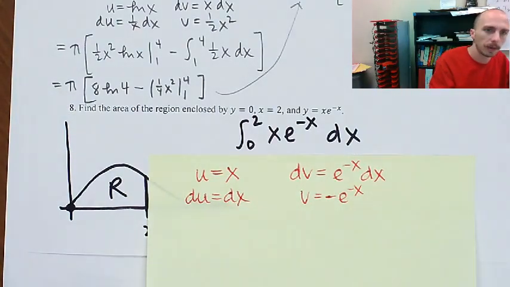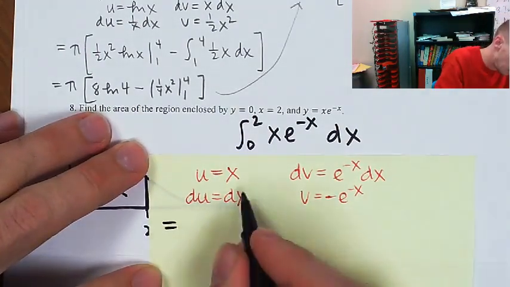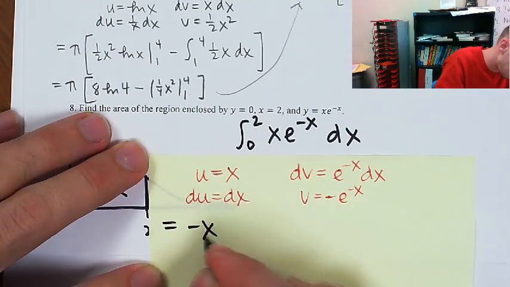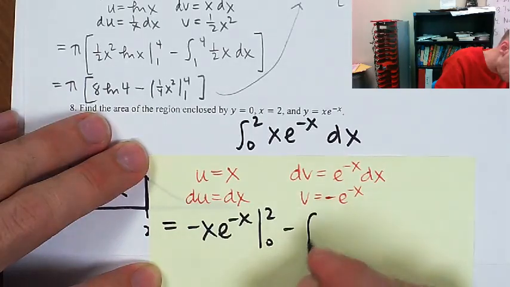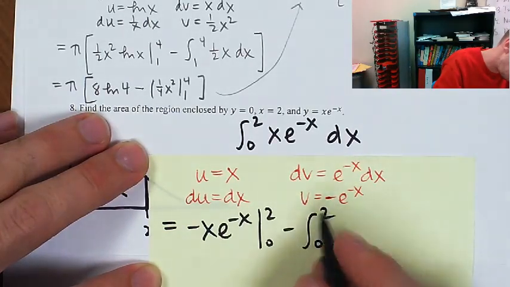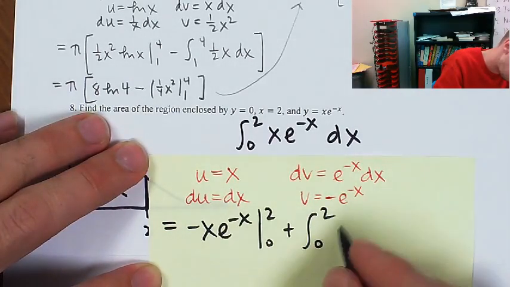Okay, and then I'm going to say that this has become uv minus the integral of v du.